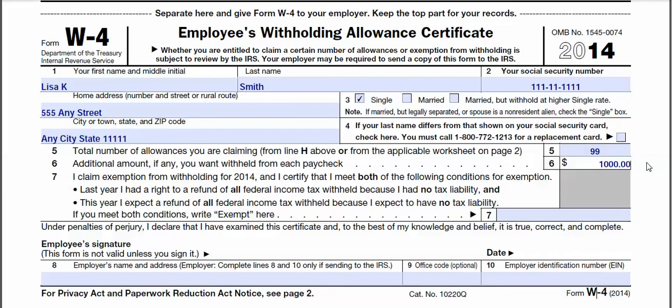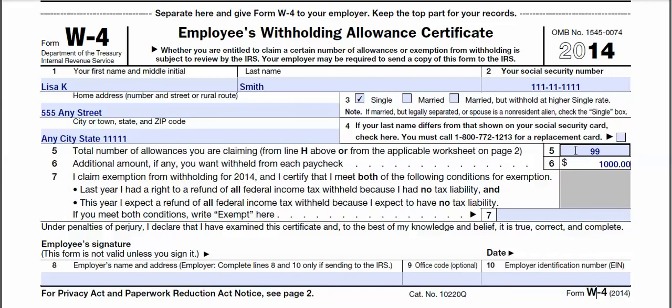And anytime your W-4 is invalid, the payroll department has been instructed by the IRS to withhold at single and 0. And single and 0 would be up here, single and then 0 allowances. And that is the maximum amount of tax, according to the tax tables, that can be withheld from your paycheck.